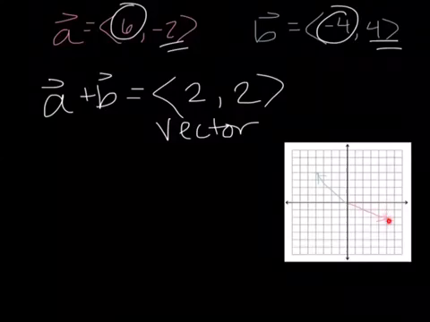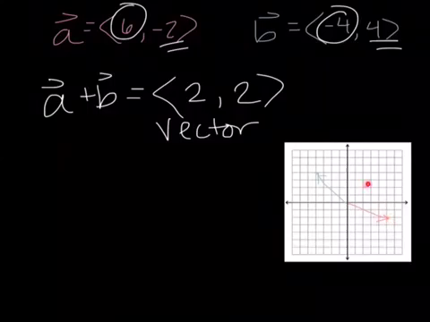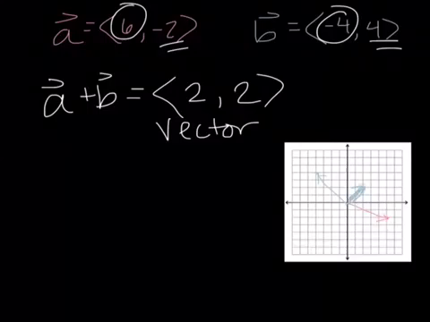If we want to add vector B to it, we're going to start at that same place, and then follow the directions for vector B. We're going to go backwards 4 and then up 4. So we start here and go back 4 and up 4, and that ends at this space right here, at the space 2, 2.